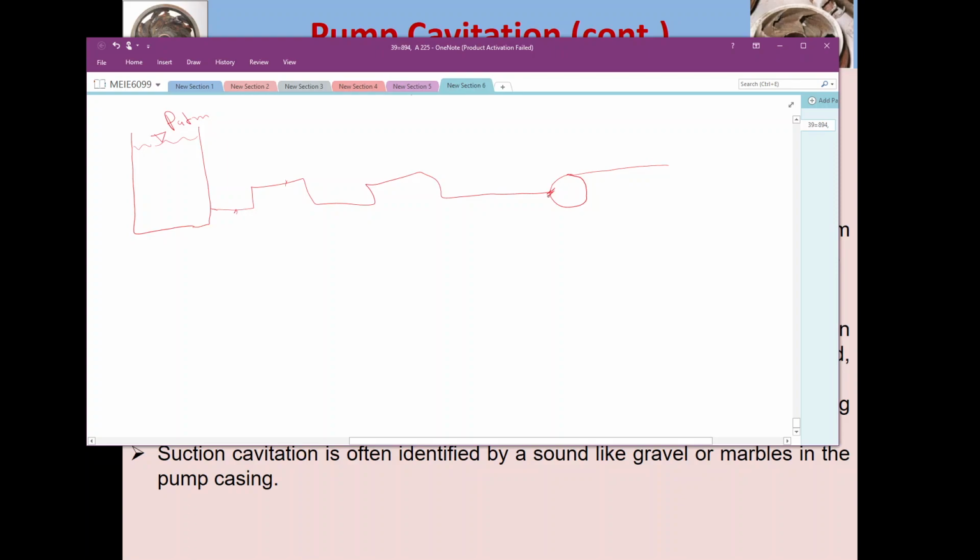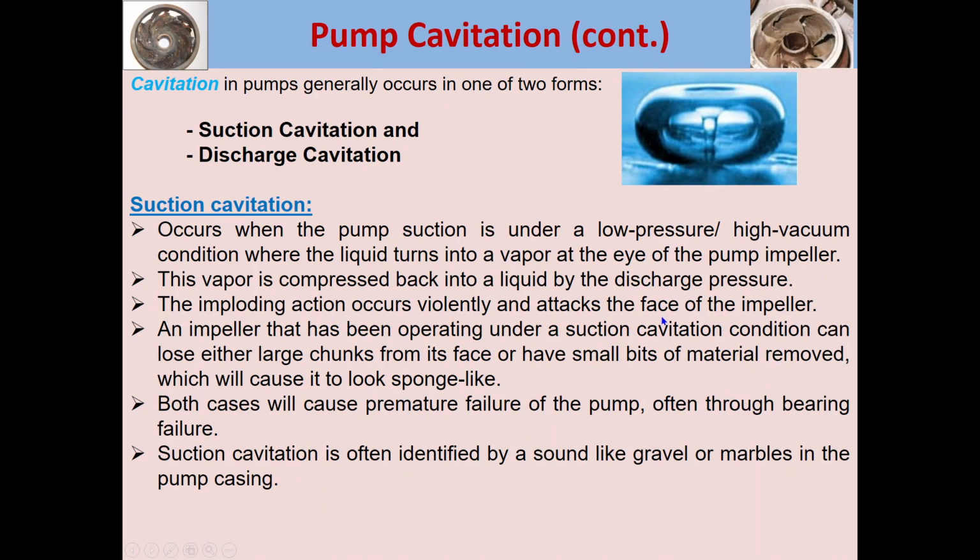So at the inlet of the pump the pressure goes down, and if the pressure drop is so much that the pressure at this point goes below the saturation pressure, then cavitation happens at the inlet of the pump, or the suction side of the pump.